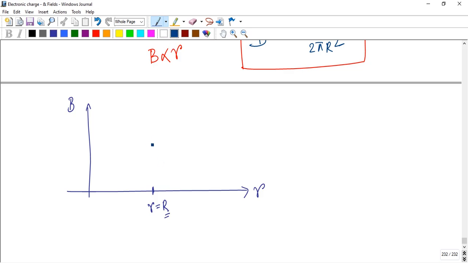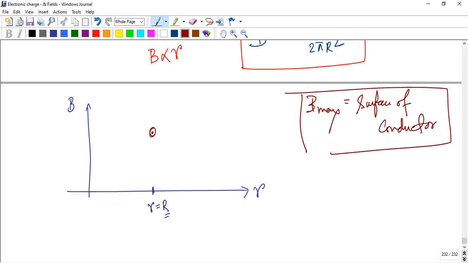So the maximum magnetic field is here, at the surface of the conductor. Maximum magnetic field B max is at the surface of the conductor. That's an important point.